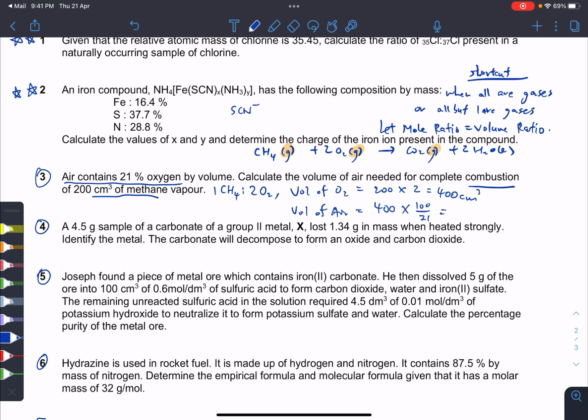Let me press my calculator. 1905 cm cube, which is 4 SF, and remember to round off to 3 SF, which means 1910 cm cube. So at the end of each part, it's important to stop and leave it in 3 sig fig. And there you have the marks, which is 1 mark, 1 mark, 2 marks. Alright, so perhaps you pause the video now and try and understand what's happening.